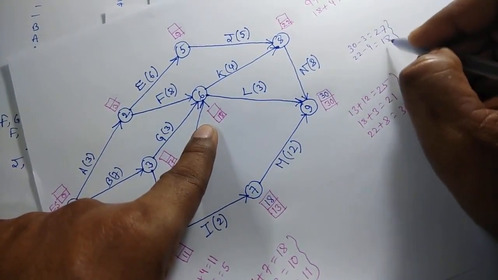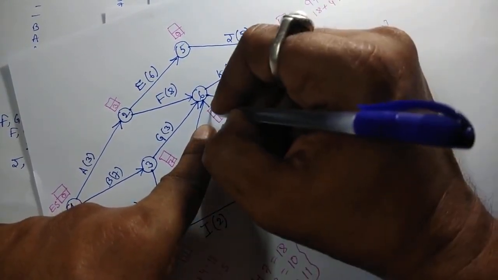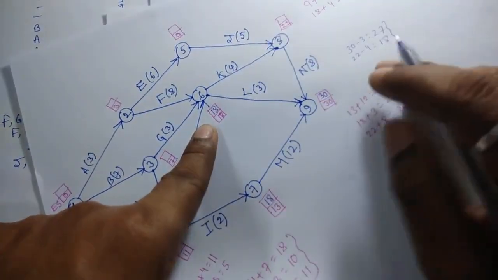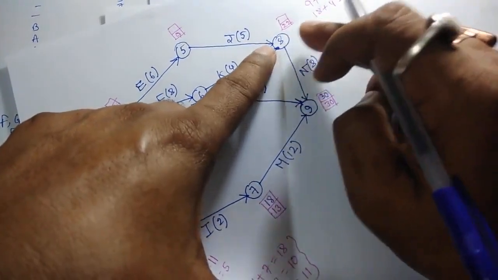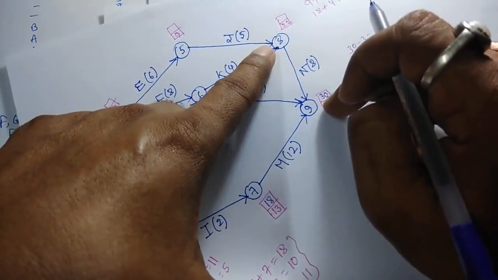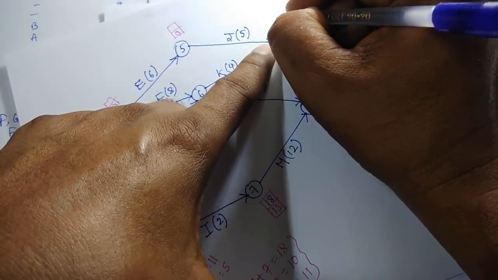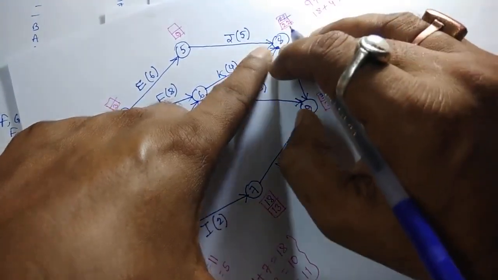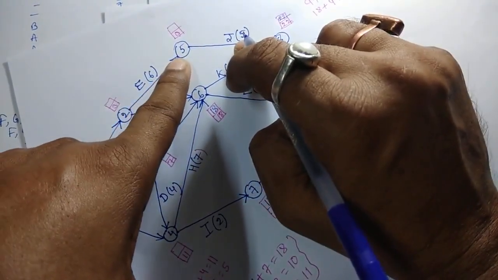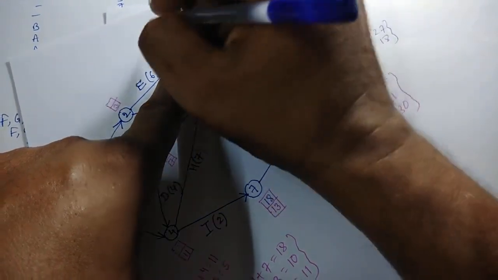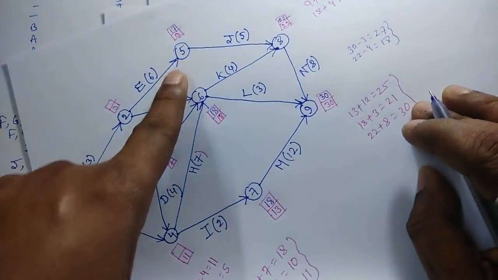Here you have to consider the lower value. So here you write 18. Now for this node, it is 30 minus 8, that is 22. So you write 22 here. For this node, 22 minus 5, that is 17. So you have to write 17 here.